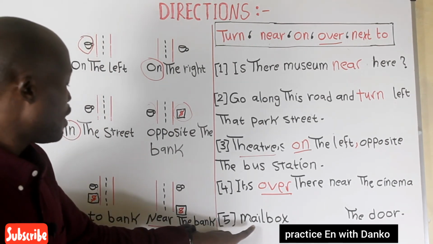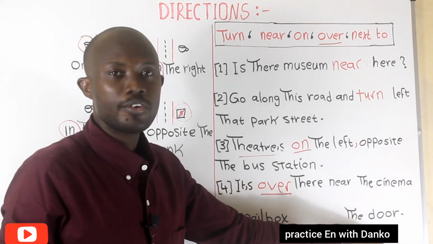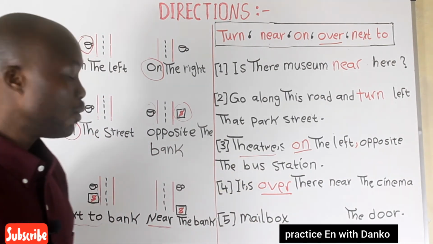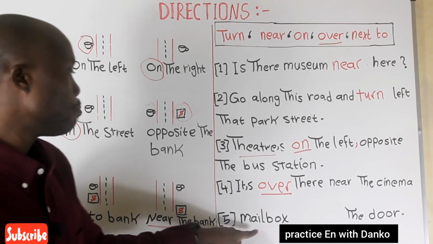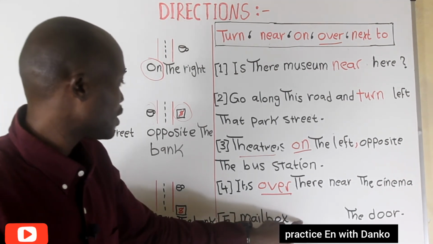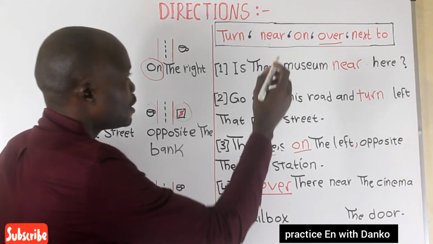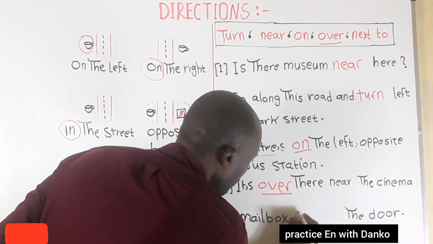Number five: mailbox, something, something, door. We need to know the direction of the mailbox. Where is the mailbox? The mailbox, something, something, door. We're going to use the preposition next to.